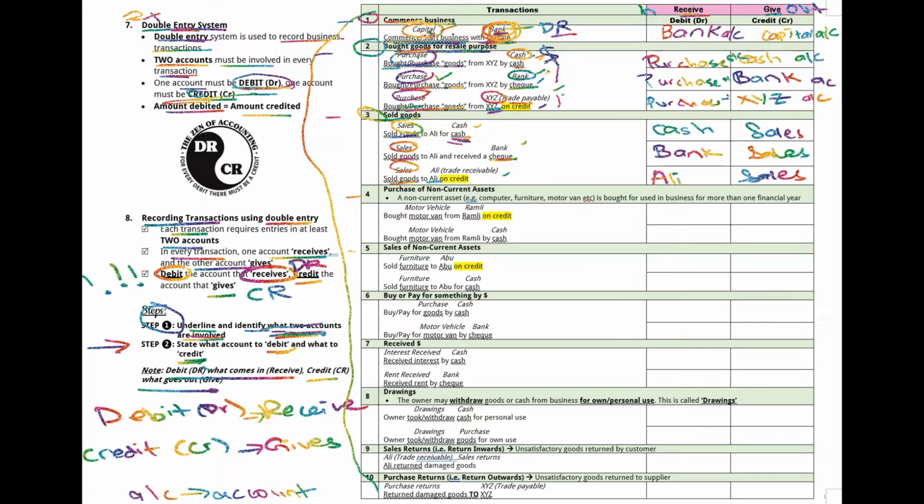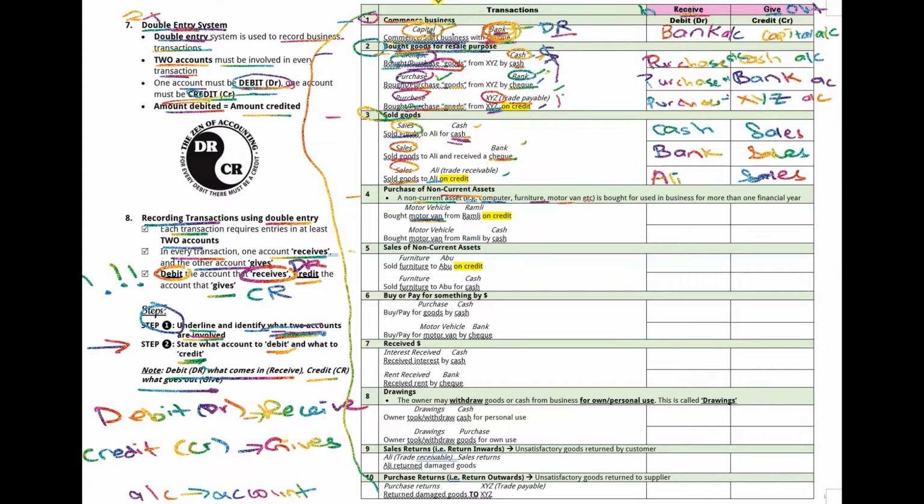Next, move on more quickly. Okay, number 2, when you bought goods, then you use purchase, okay? But over here, take note, you purchase a non-current asset, okay? A non-current asset can be computer, furniture, all the assets. So for example, you bought a motor vehicle, it can be furniture here, and so on.